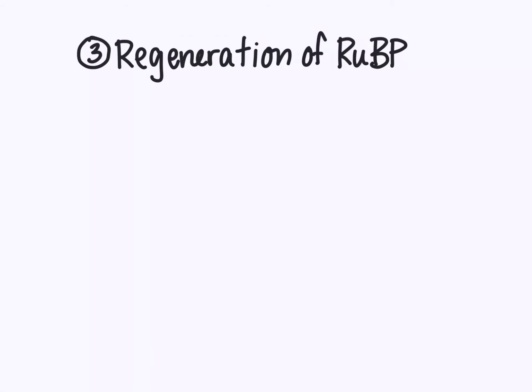The third and final stage of the Calvin cycle is the regeneration of that molecule, RuBP. And this is important because remember that the Calvin cycle is a cycle. And the cycle actually starts and ends with RuBP.